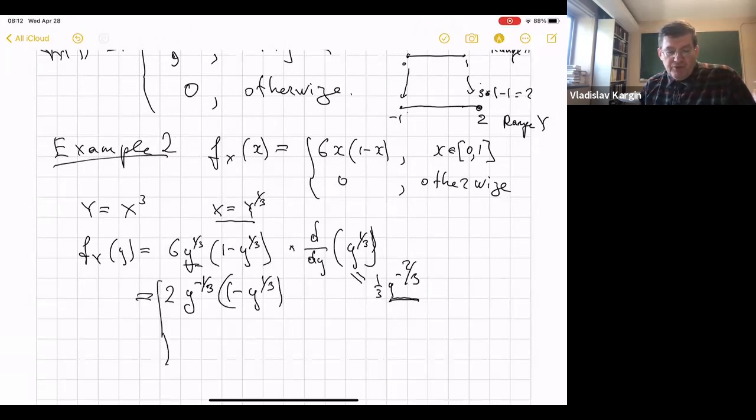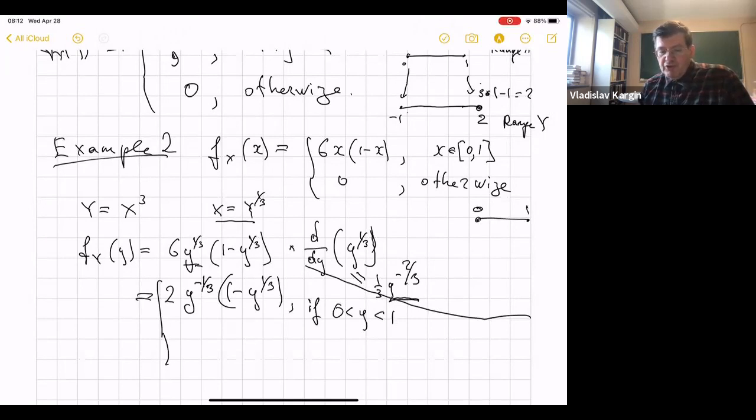And again, you also need to write down the range of this thing. This is if y is greater than 0 and smaller than 1, because if you look at 0, 1, this is the range of x, and you see what happens when you map it by x cubed. 0 is mapped to 0 and 1 is mapped to 1.